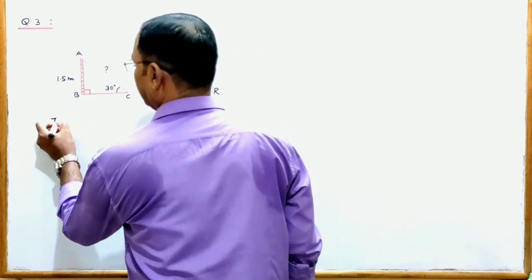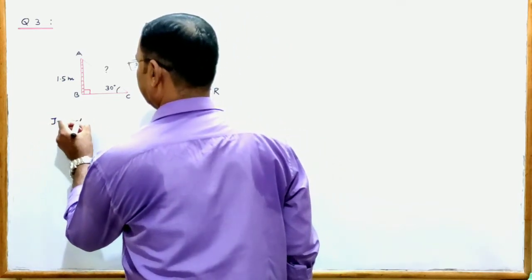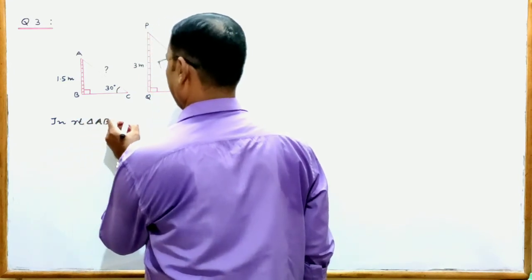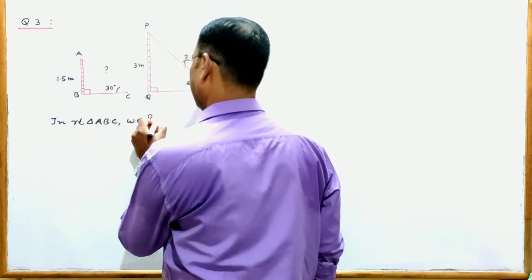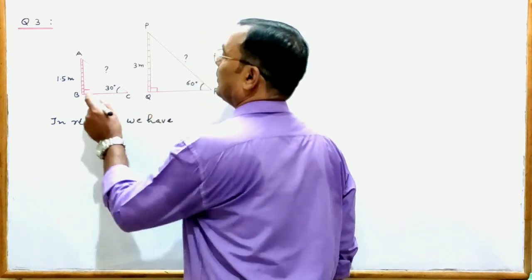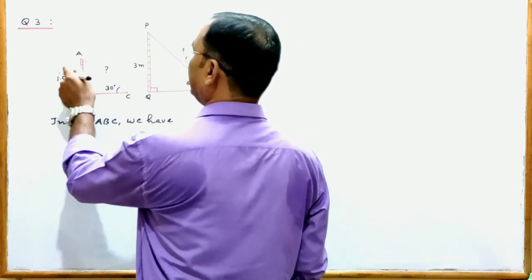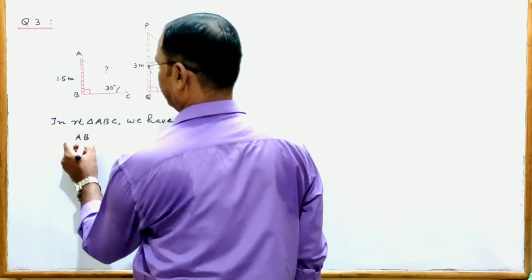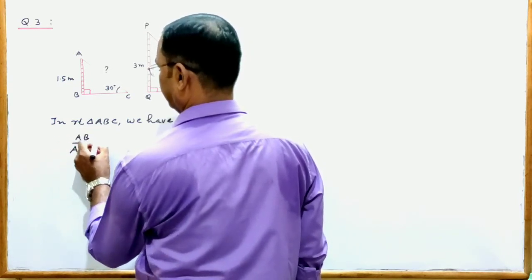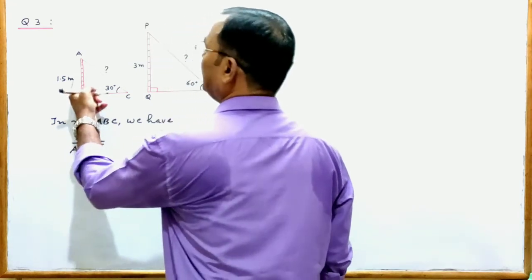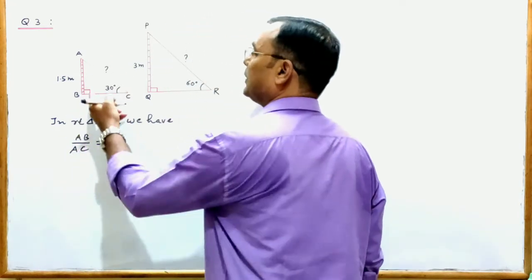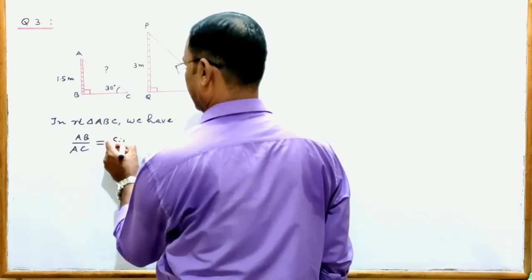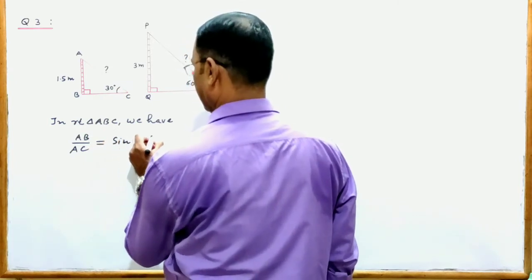In right triangle ABC, we have AB by AC. AB is perpendicular, AC is hypotenuse, so perpendicular by hypotenuse is sine 30 degrees.